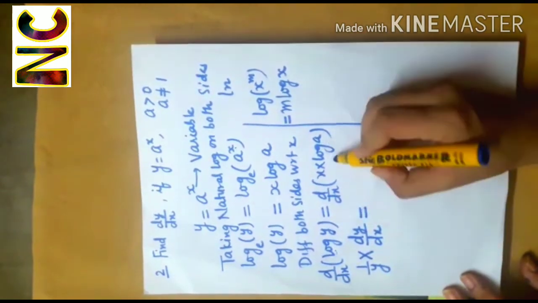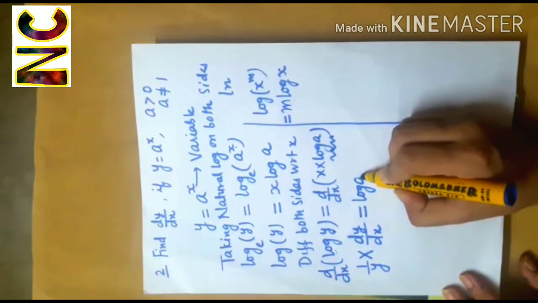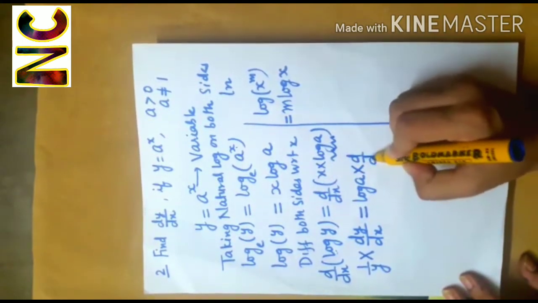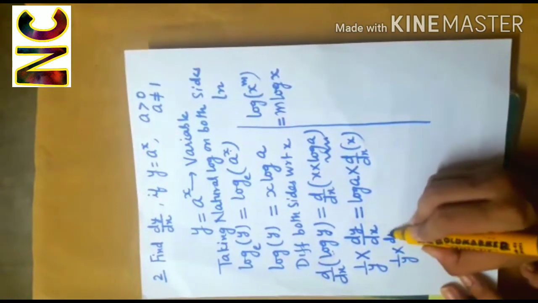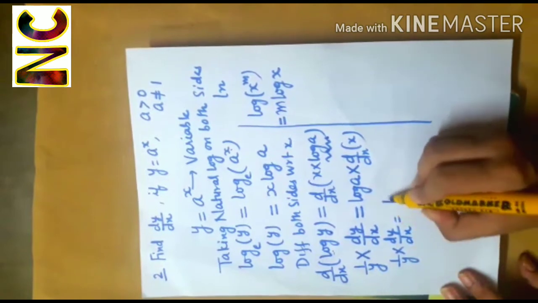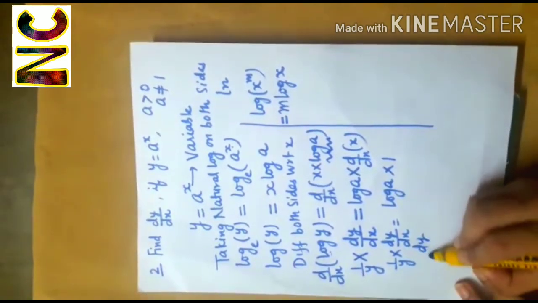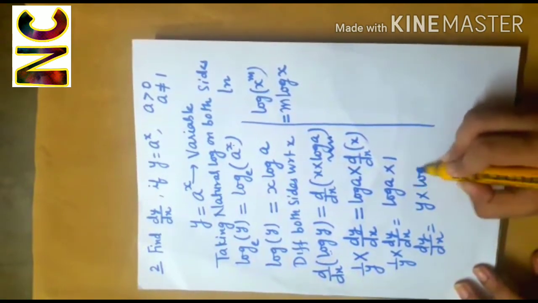This is equal to, here log a is constant, so I take that out of the operator into d by dx of x. So 1 by y into dy by dx is log a into 1. So from here dy by dx is y into log a.